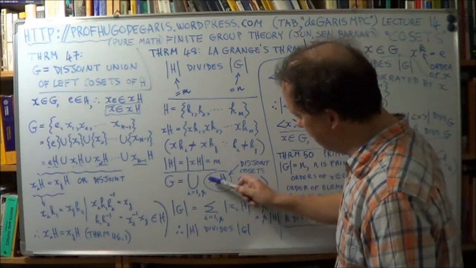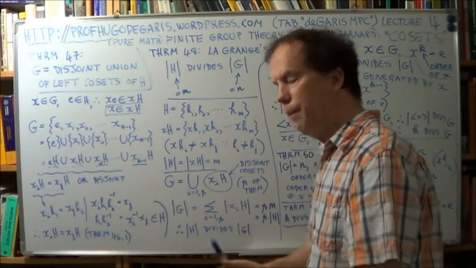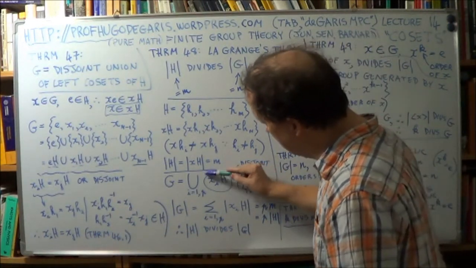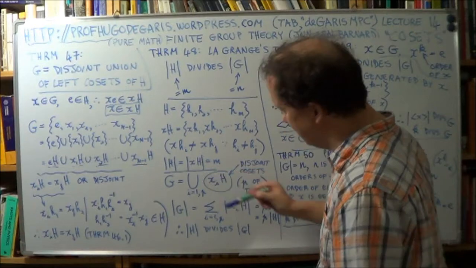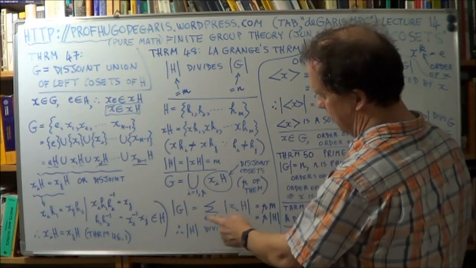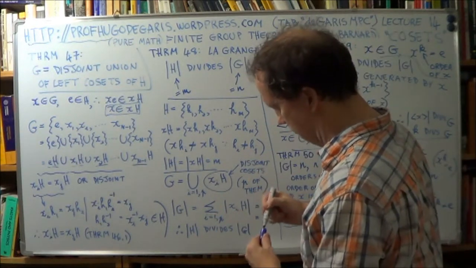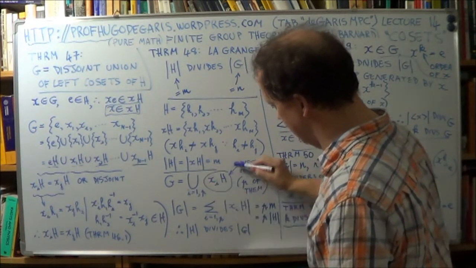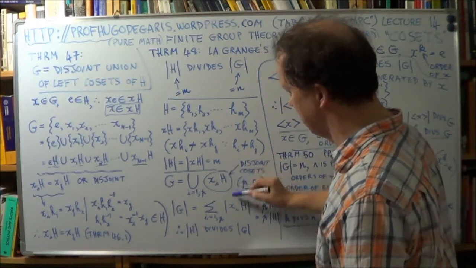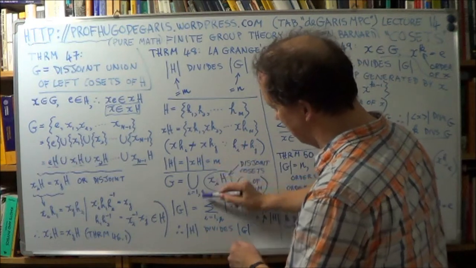Now because they're disjoint, they have no elements in common, so you can find the size. Taking the size of G is effectively equal to this. I could put a mod sign here, the absolute value of, the number of elements.